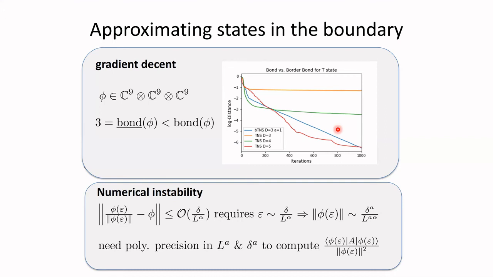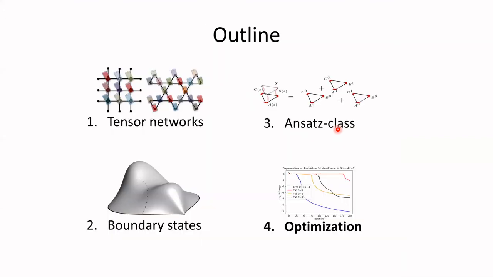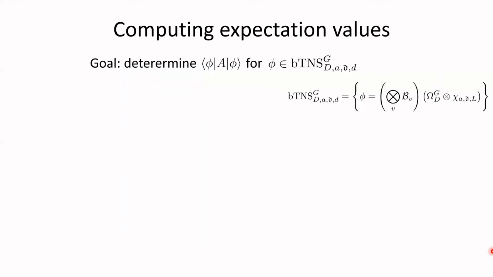And since I talked now already about the gradient descent method, I would now like to come to the actual optimization algorithm for this ansatz class. And the first component in this endeavor is to find a way to efficiently compute expectation values in this boundary tensor network class. So remember, this class is given by the states which can be obtained from applying local linear maps to our network of maximally entangled states, tensor the weight states chi here.